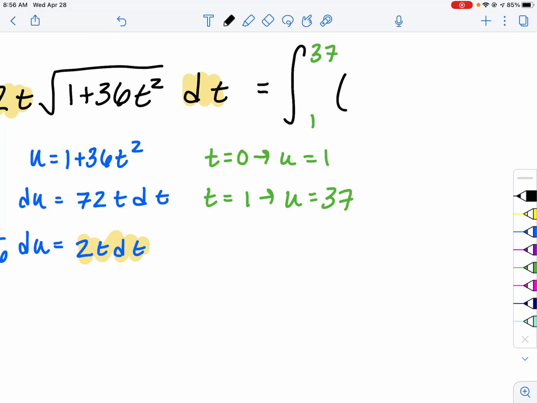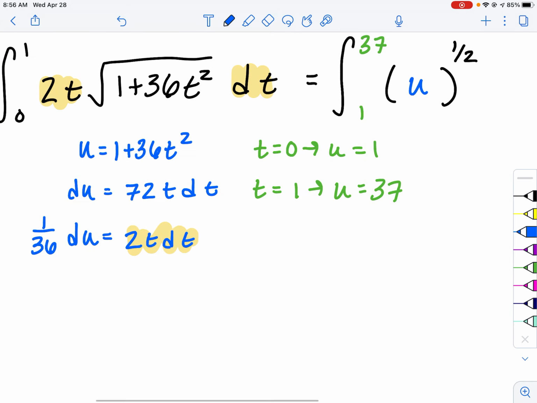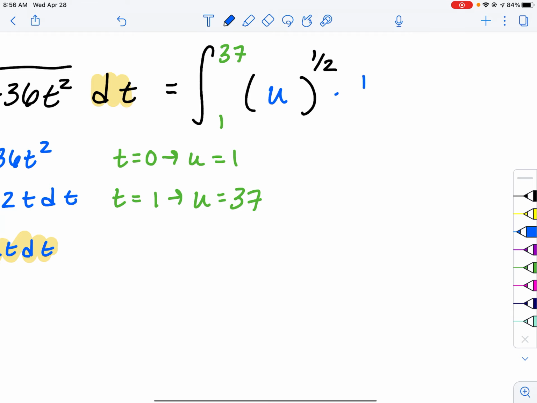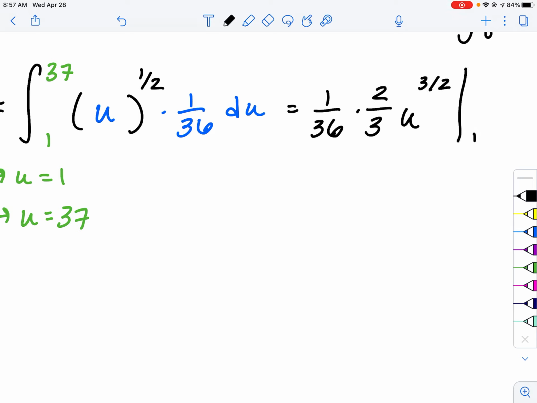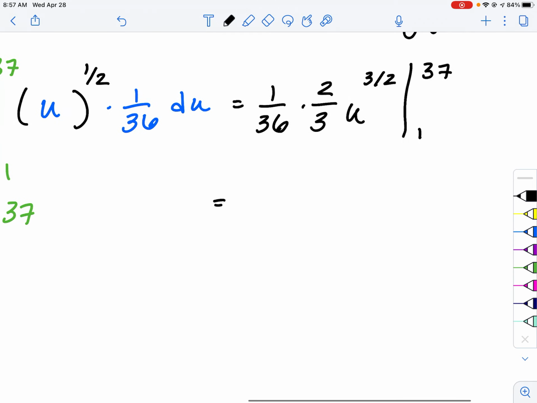So now I no longer have to switch back. That gives me the integral of the square root of u, and the 2t dt turns into 1/36 du. If we integrate that, I get 1/36, and then by the power rule, u to the 3/2 times the reciprocal, evaluated from 1 to 37.